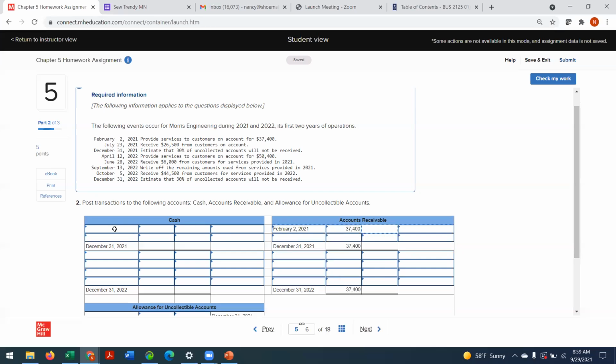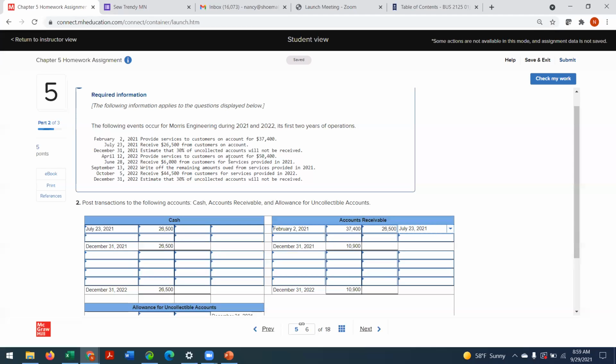Then it tells us on July 23rd, we received 26,500 from customers. Then on December 31st, we estimate that 30% of the uncollectible accounts will not be received.